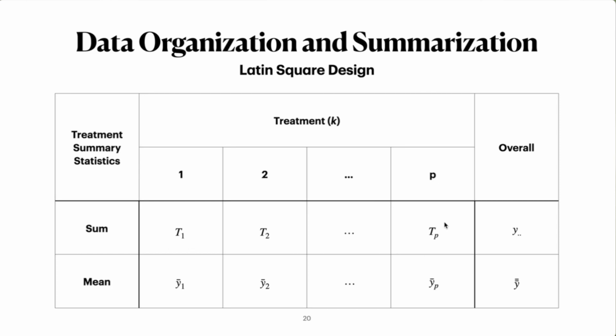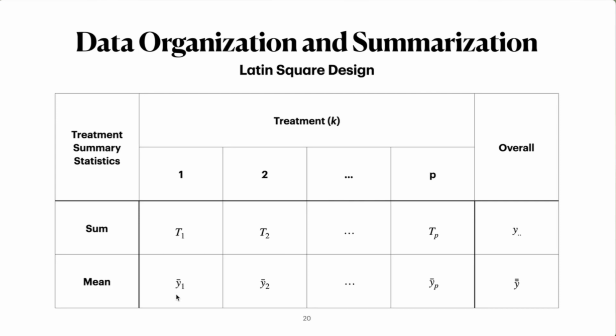We use a common notation: the capital T for total. So T1 is the total observed value of treatment 1 across the entire experiment, across the P observations. T2 is the total of the observations receiving treatment 2, and so forth up to T sub P, the total of the observations that have received treatment P.